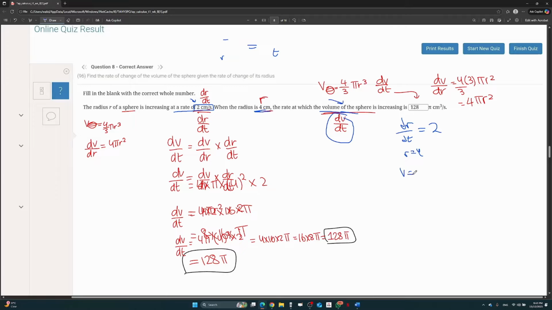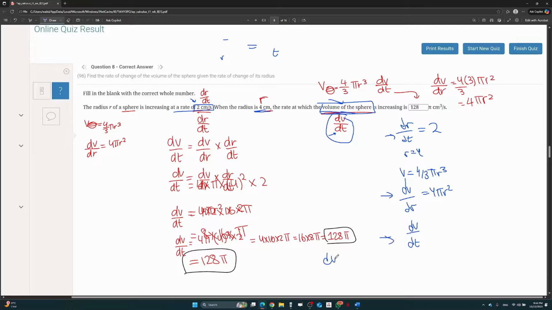So we're talking about the volume of a sphere, and you write down the formula. After doing that, you always derive. What do they want? They want the rate of the volume increasing, and dt is always there when you're talking about rate, so they want dv by dt. So we need to link this one and this one.